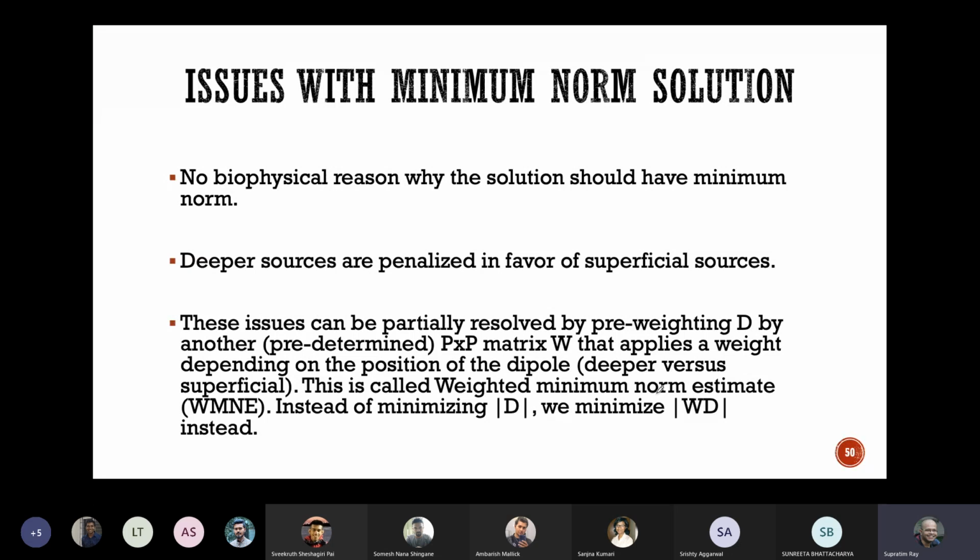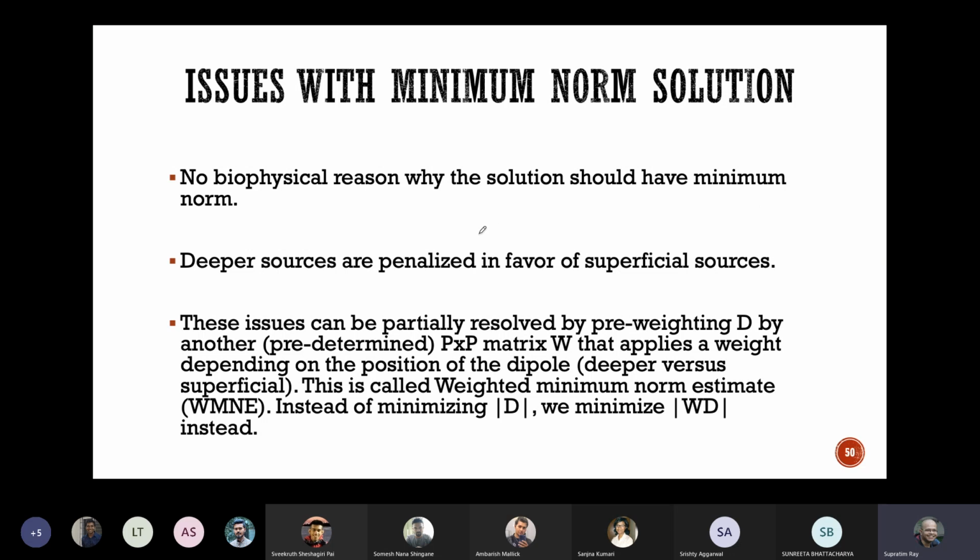Why so? Well, first of all, there is no biophysical reason why the solution should have minimum norm. I'm just saying that I'll find a bunch of dipoles such that the square of those dipoles, when you add them up, should be the lowest possible number.